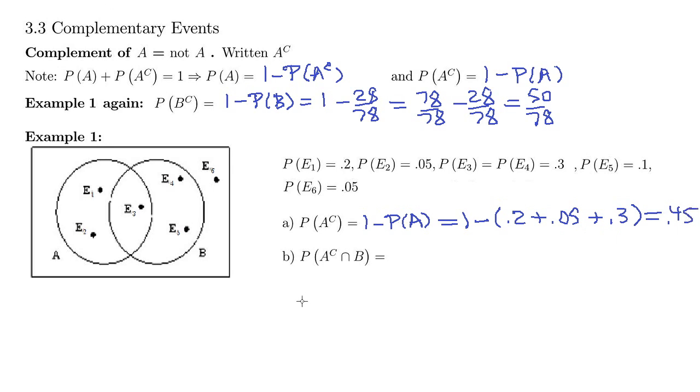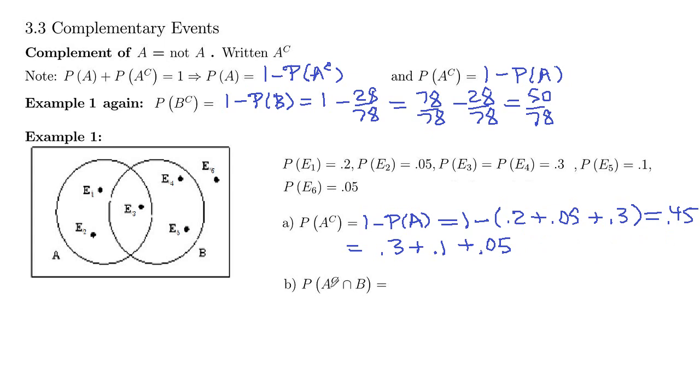So that's one way to get it. Or that's going to be the same thing as adding up the sample points that are outside, which is 4, 5, 6. So 4 is 0.3 plus 5 is 0.1 and then 6 is 0.05. And that does still give us our 0.45.